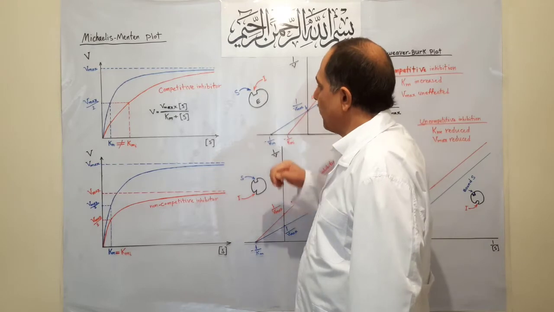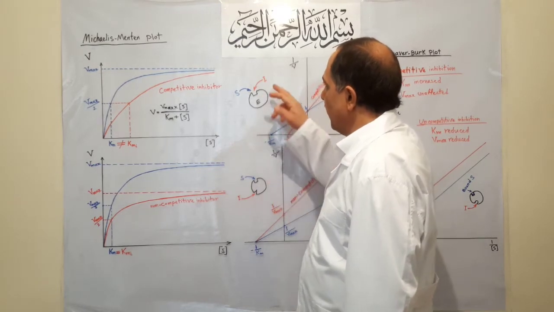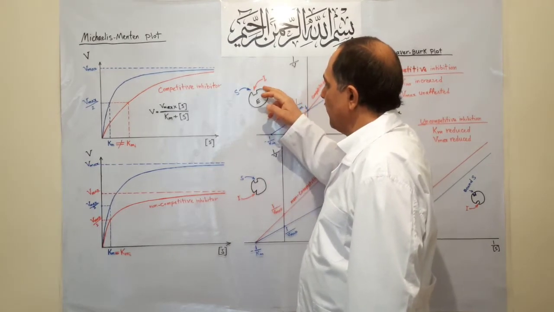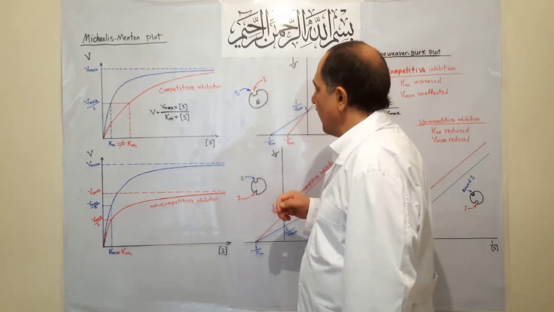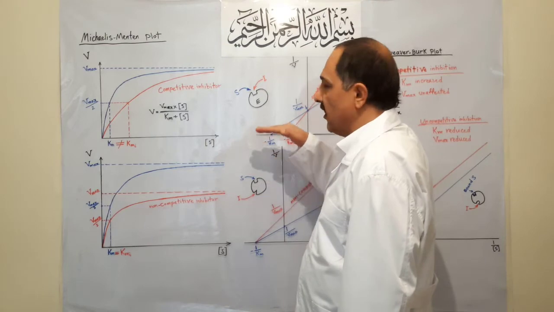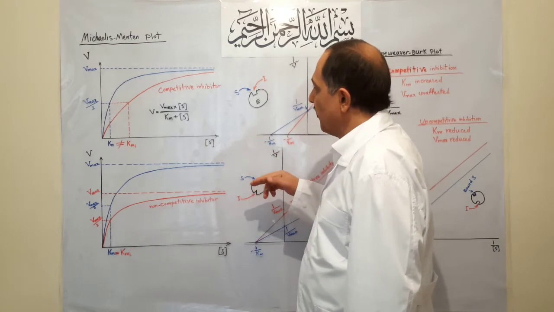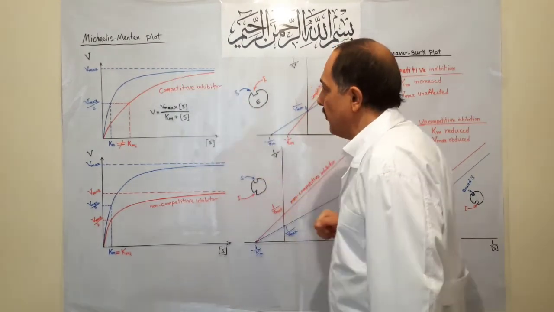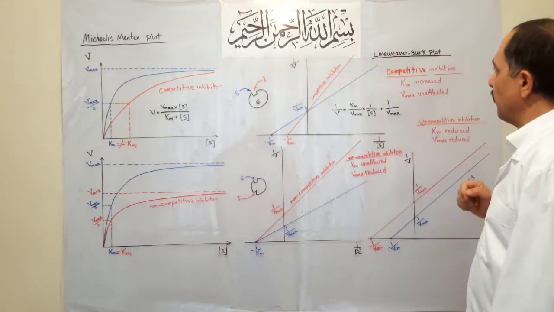By increasing the substrate concentration, the inhibitor is displaced from the active site of enzyme, and so the inhibition is decreased. Please pay attention to respective Michaelis-Menten and Lineweaver-Burk plots.